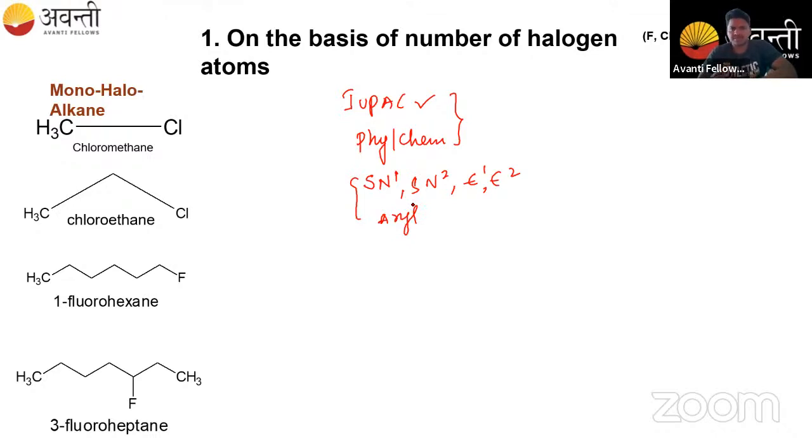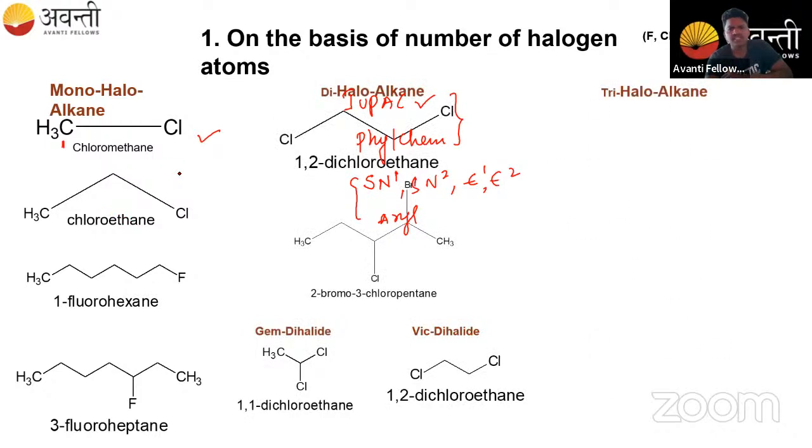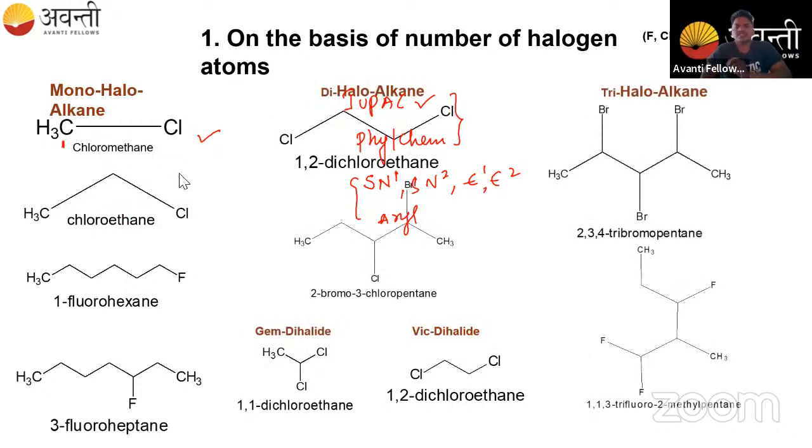Okay, guys, let me start with the IUPAC naming. Basically, we know that a monohaloalkane can be named here. If you have one carbon, that is monochloromethane, and chloroethane, 1-fluorohexane, all these things. Especially in your examination, the very most important thing is to know what a geminal dihalide and a vicinal dihalide are.